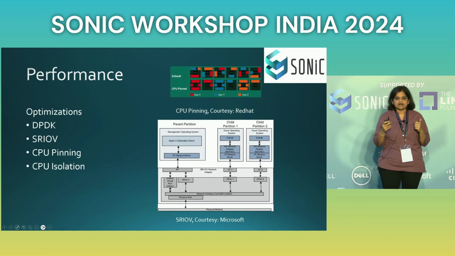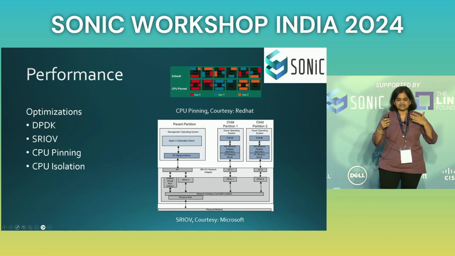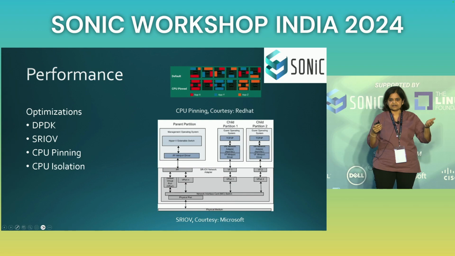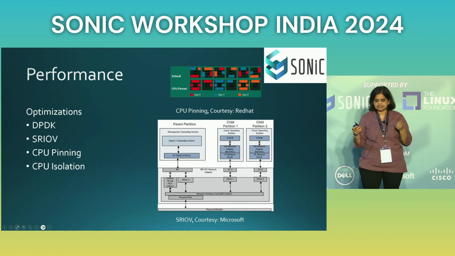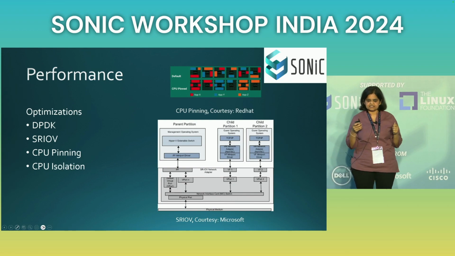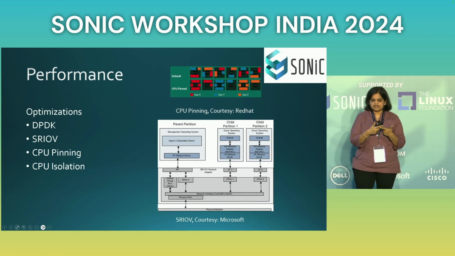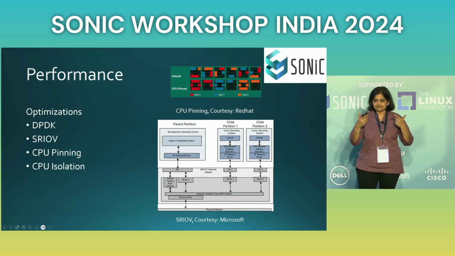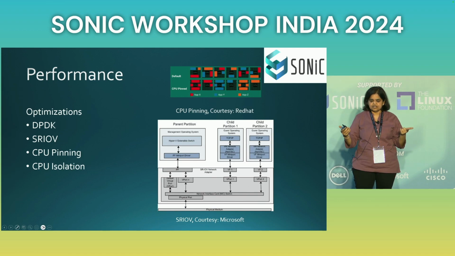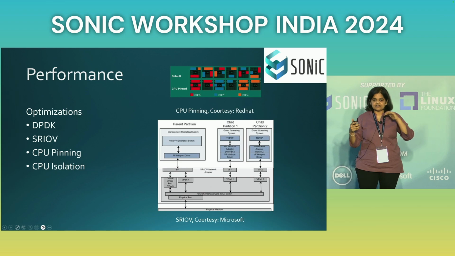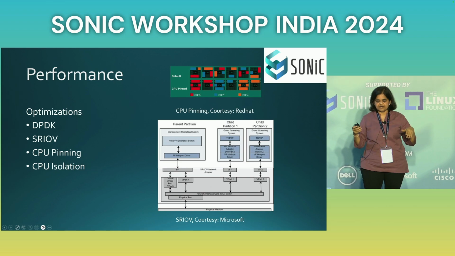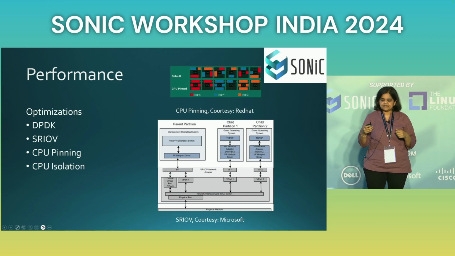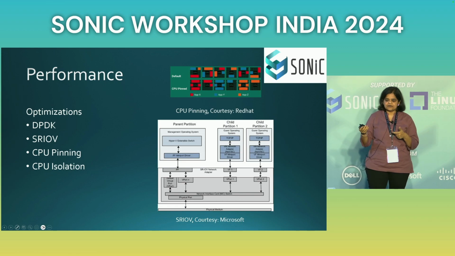In order to match or at least come closer to hardware-based solutions, we have to do some optimization. DPDK we already spoke about. VPP comes with DPDK, and that improves performance tenfold compared to what kernel routing can do. Then SR-IOV, single root IO virtualization.